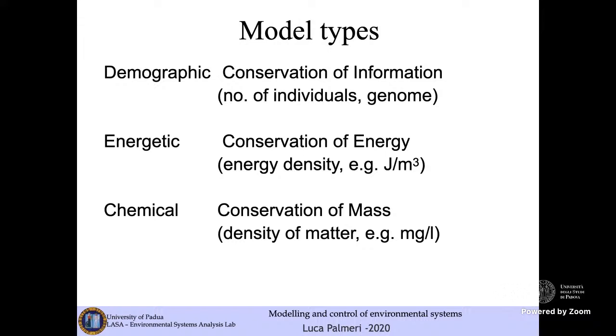Based on the conservation of mass, we may build a chemical model whose currency, what is flowing over different parts of the model, is, for example, density of matter in the form of milligrams per liter.